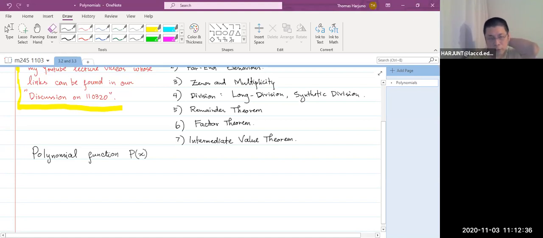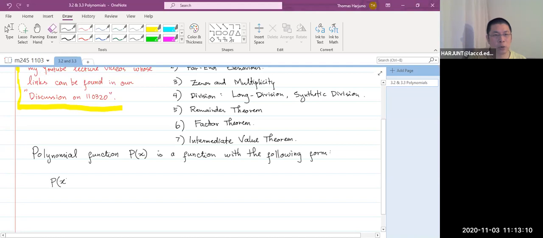You can use f(x), of course, but I purposely use capital P for polynomial in my class to emphasize that it's a polynomial. Okay, polynomial P(x) is a function with the following form.